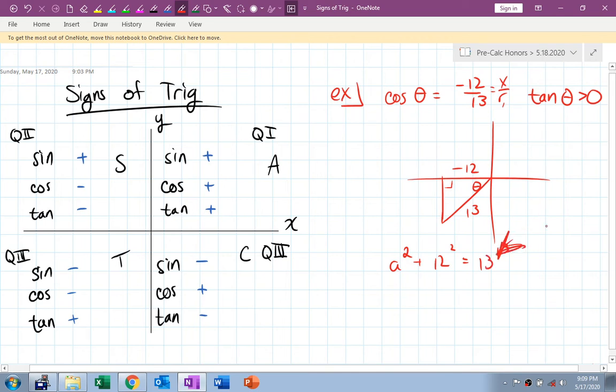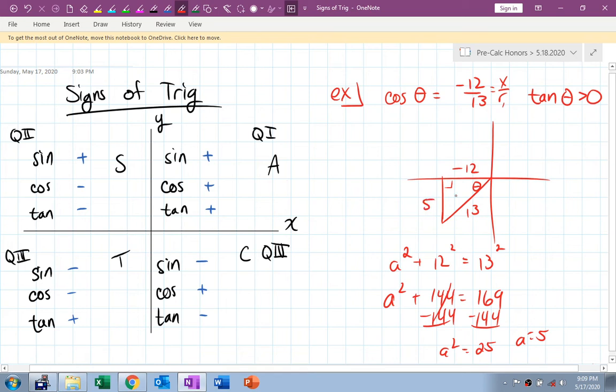So a squared plus 144 equals 169. Subtract it. A squared is 25, so a equals 5. Okay, so this is 5.